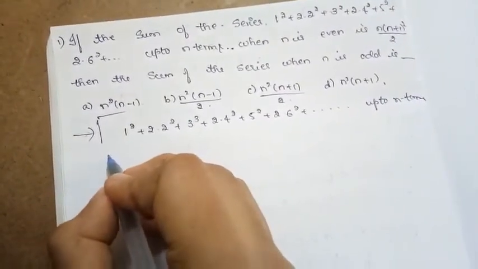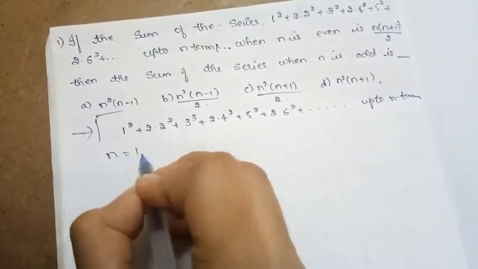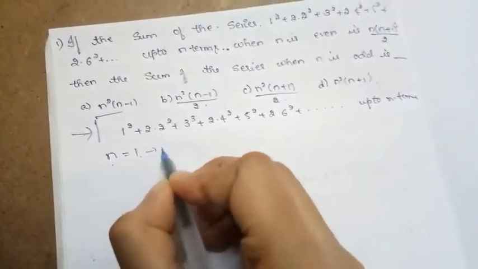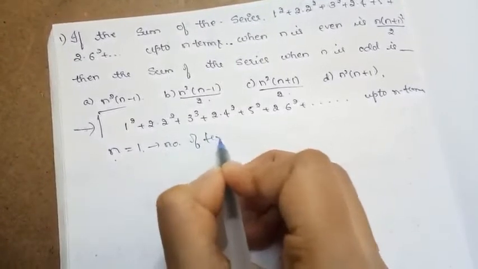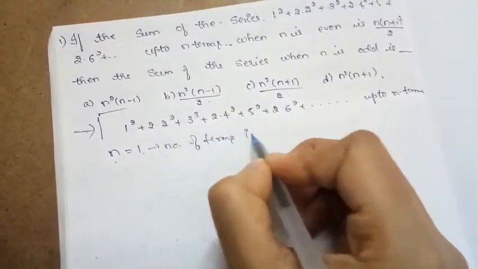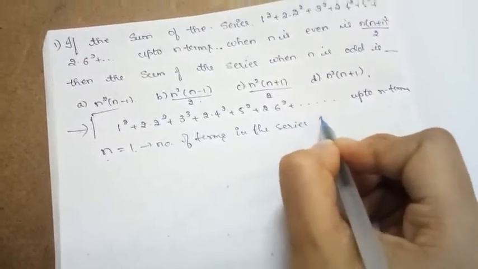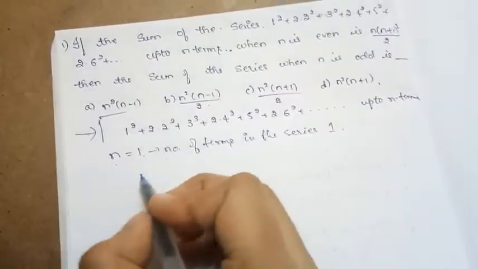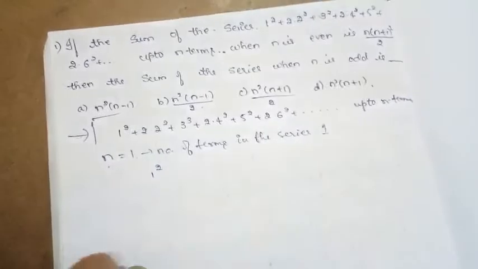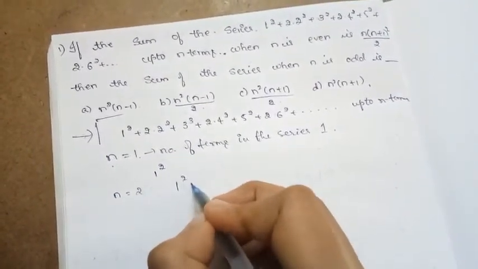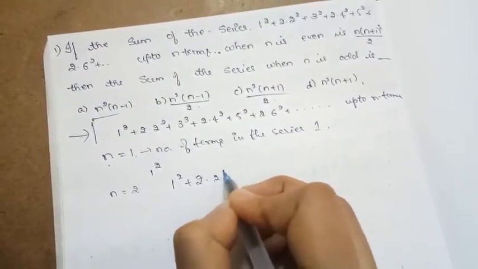Suppose n is equal to 1, that means the number of terms in the series is 1. So when n is equal to 1, what will happen? The series is only 1 square. When n is equal to 2, the series is 1 square plus 2 into 2 square.